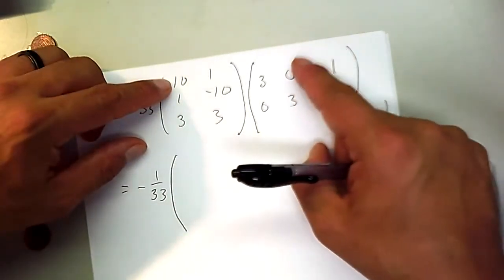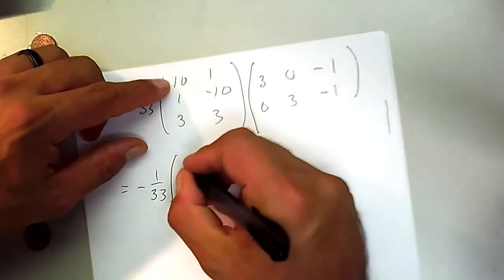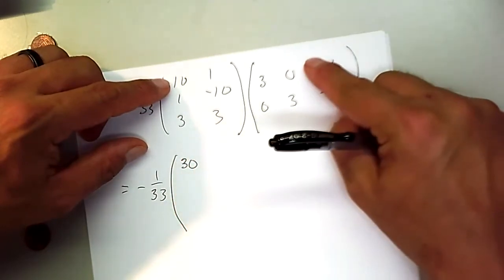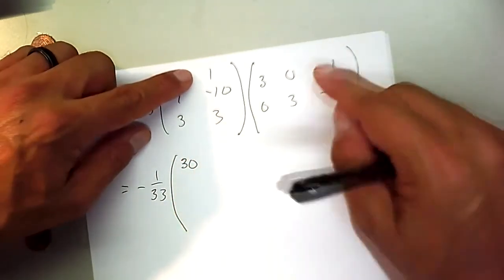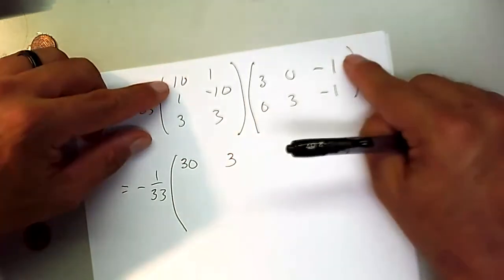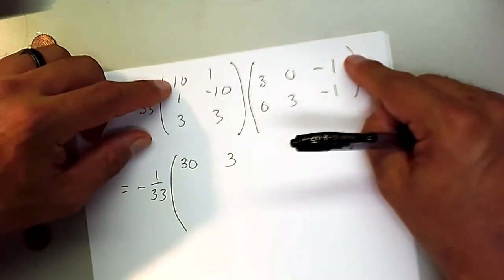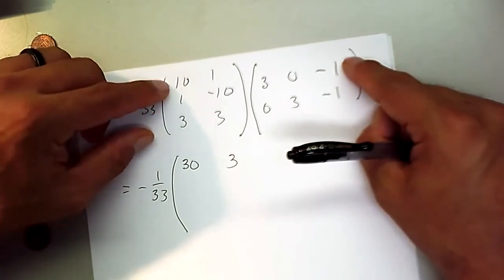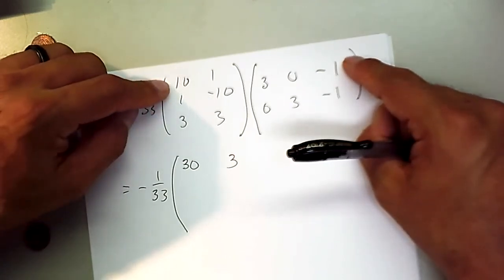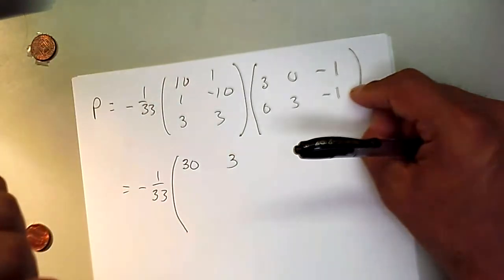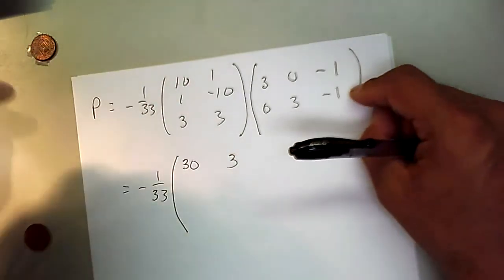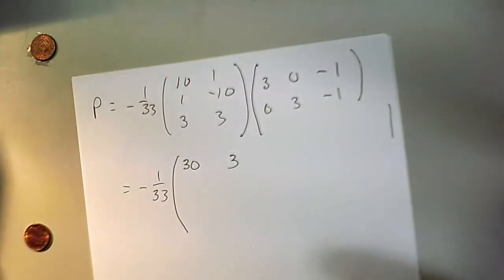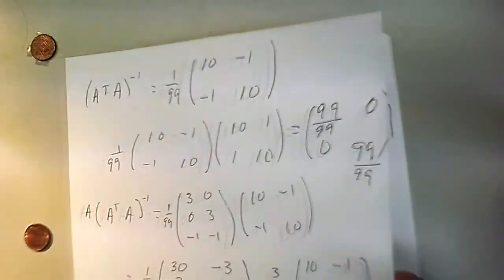30, 3, negative 10, minus 1, negative 10. Let me check something.